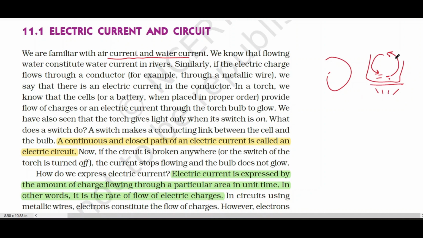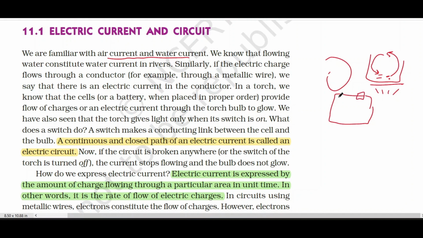Similarly, like the water flows in water currents, the electricity or the current flows in a conductor or in a wire. So how does it do that? First of all, there's a switch.